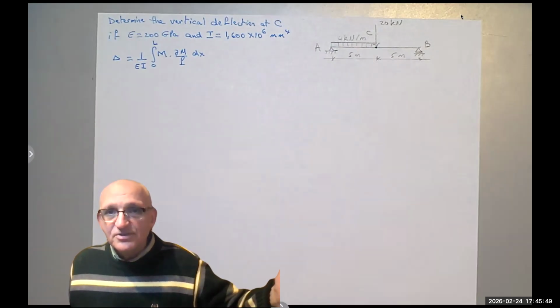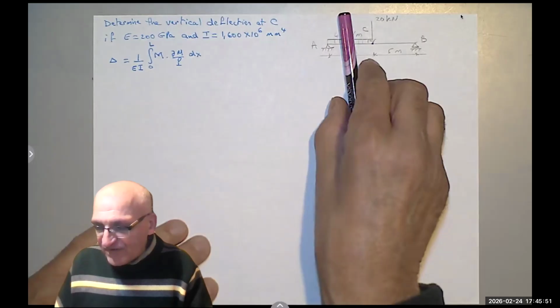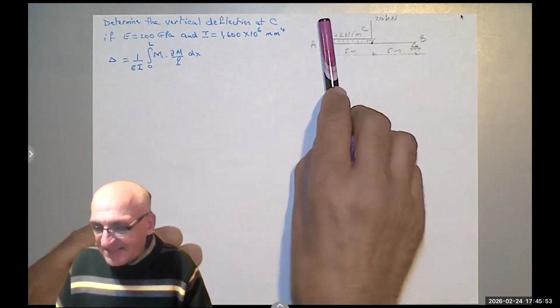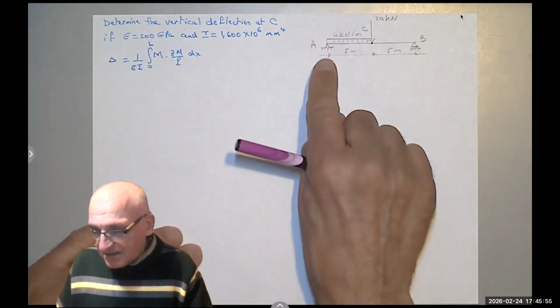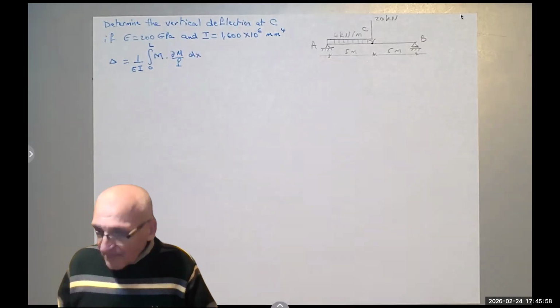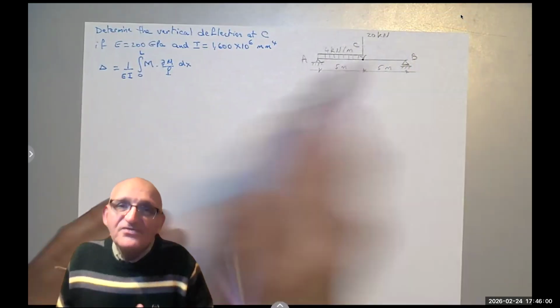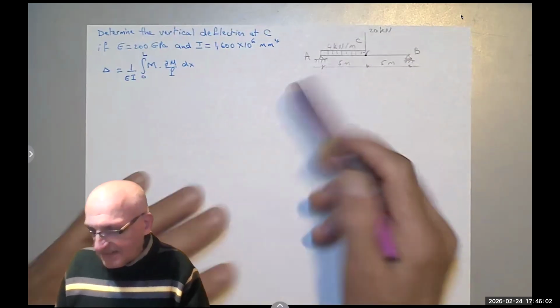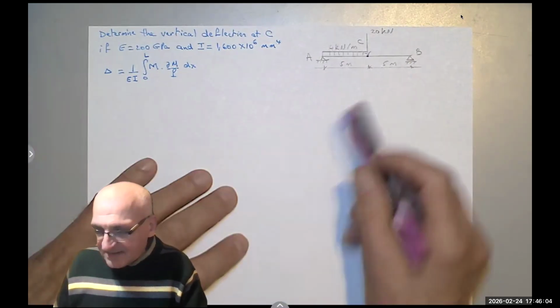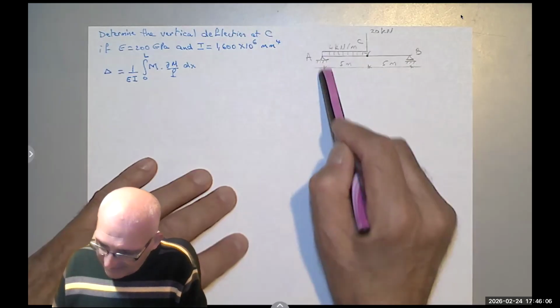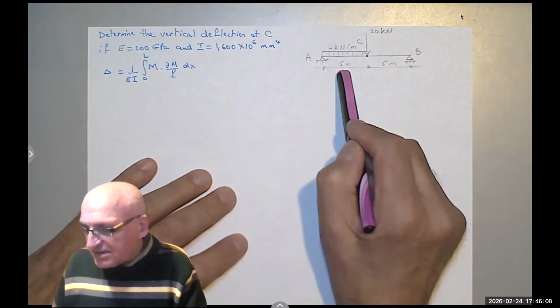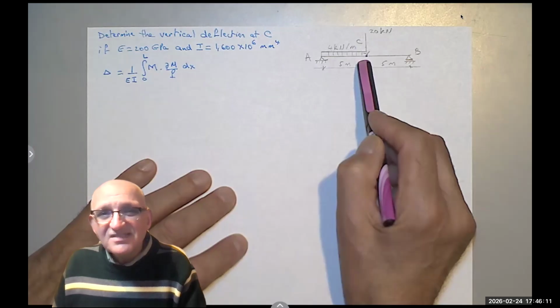It's just the distributed load. So I will have to find an equation for the moment at any point between 0 and 5. But after the concentrated load, things become complicated. I have a reaction, I have a distributed load, I have a concentrated load. It's a lot of work.